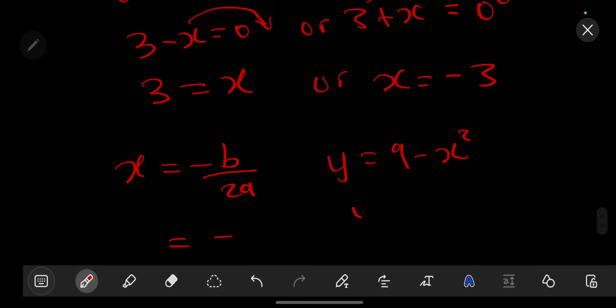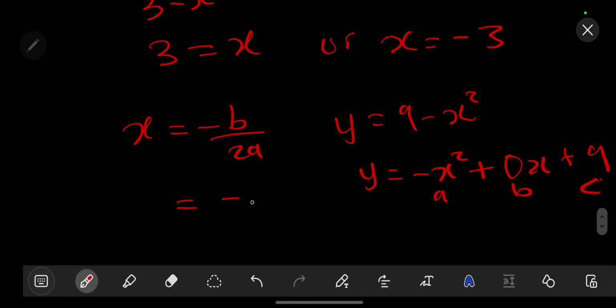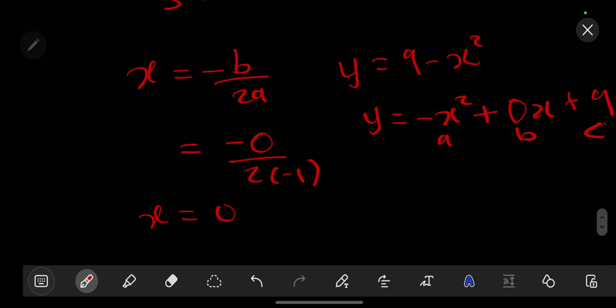So this equation is the same as y equal to negative x squared, just rearranging, plus 0x plus 9. That's why it's not showing. Then this is your a, this is your b, this is your c. Therefore, putting negative b is the same as negative 0 over 2 times a, which is negative 1. So that means the x value of the turning point is equal to 0.